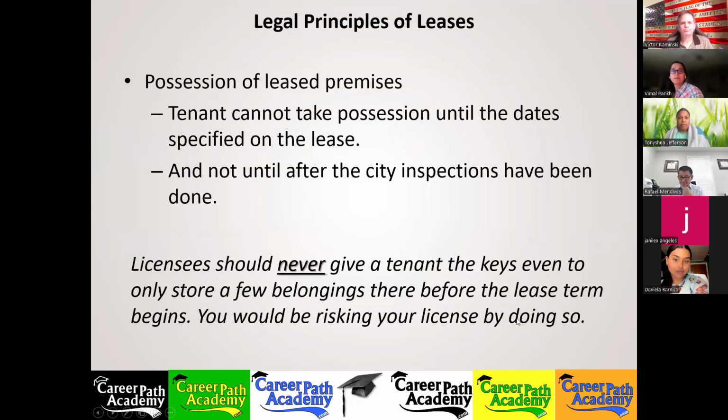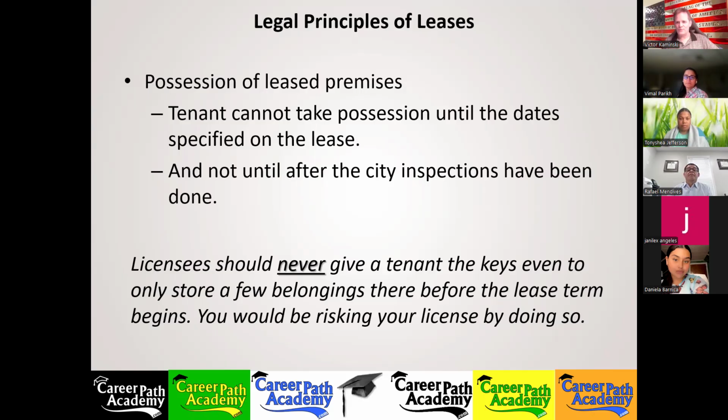All right, so the legal principles of leases, as far as possession of the leased premises: tenants cannot take possession until the dates specified on the lease come about. You as a real estate agent better not give the tenant keys or even unlock the door just so they could put a few things in there, because now it's considered that they took possession. So the landlord would have to evict them if they don't start paying rent.